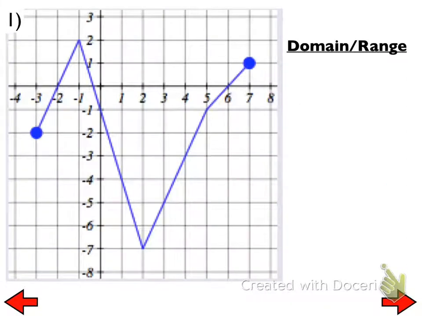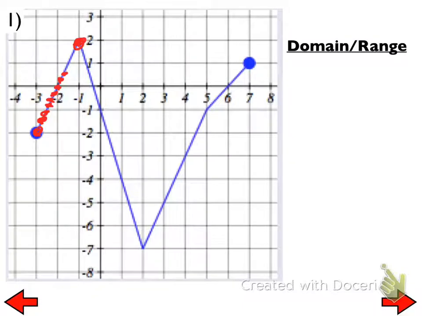Because, yes, there's a point here and a point here, but there's also a point here and here and here and here and here and here and here and here, and an infinite number of ordered pairs in between those. So how in the world do you then write domain and range?